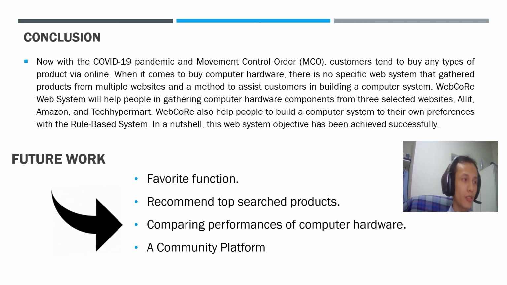And the last of the future work is to create a community platform. This is where users can share their thoughts or ask for a solution from other users on how to solve a particular problem.